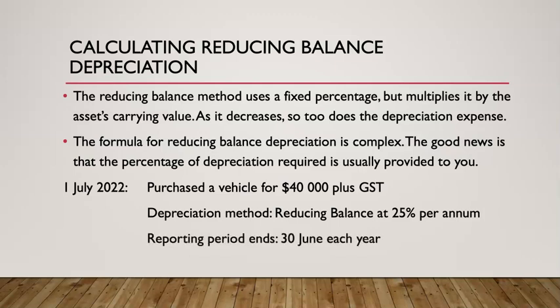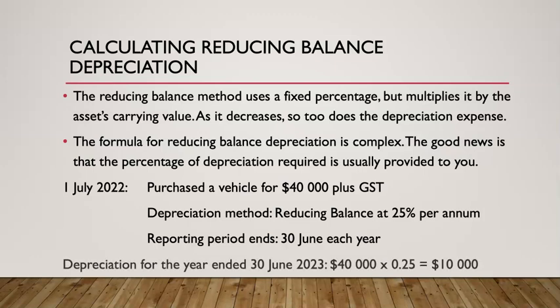And the reporting period ends on 30th of June each year, which means, thankfully in this example, we bought it at the very start of the reporting period, so all our calculations are going to be done by year. This will be a complication if it is not the 1st of July, and we talked about this in our previous video on the straight line method.